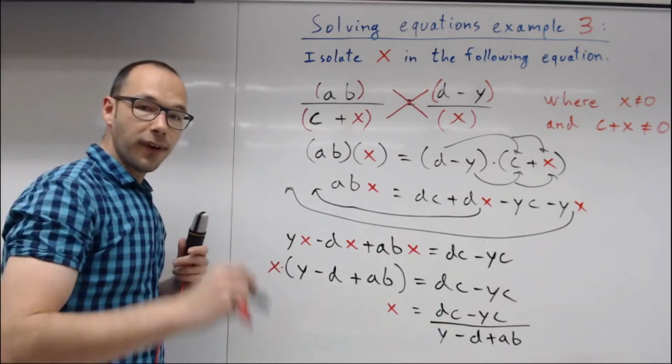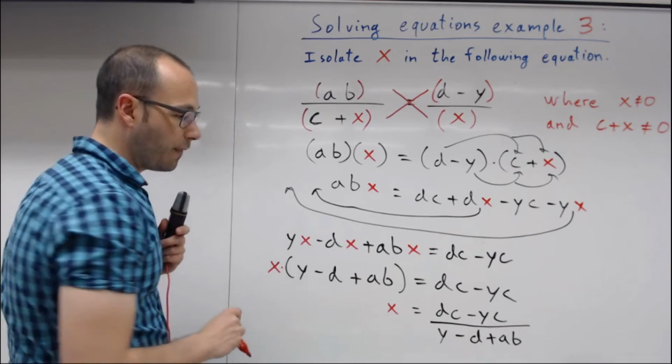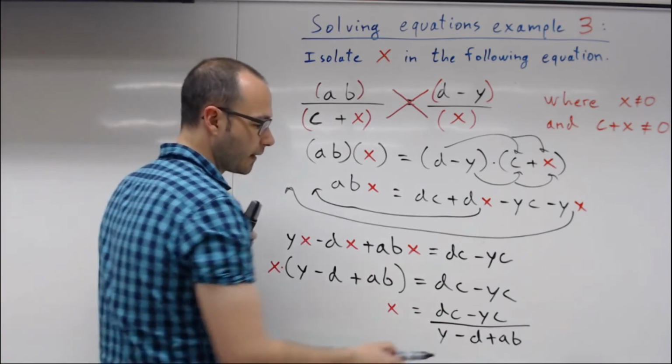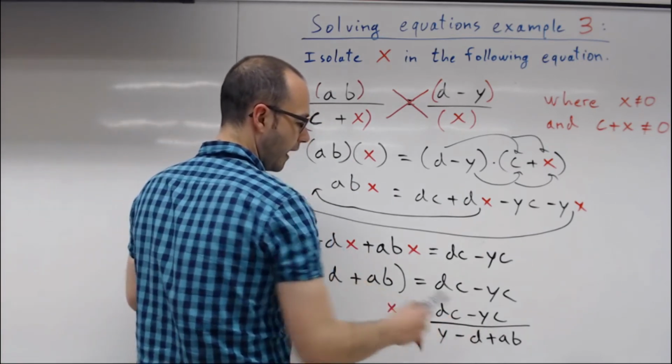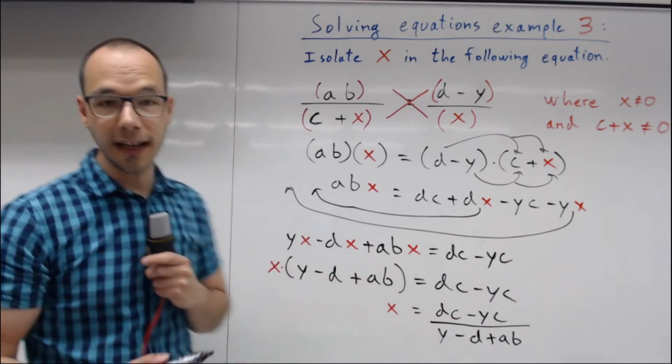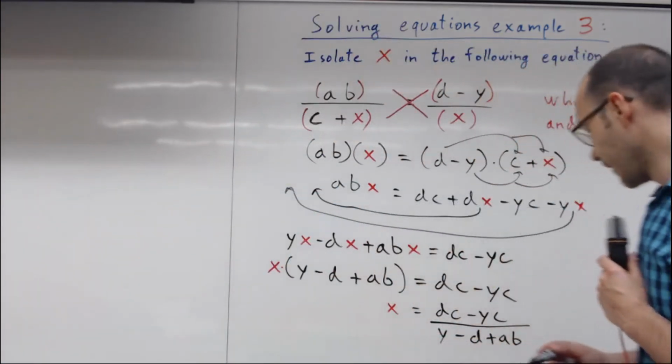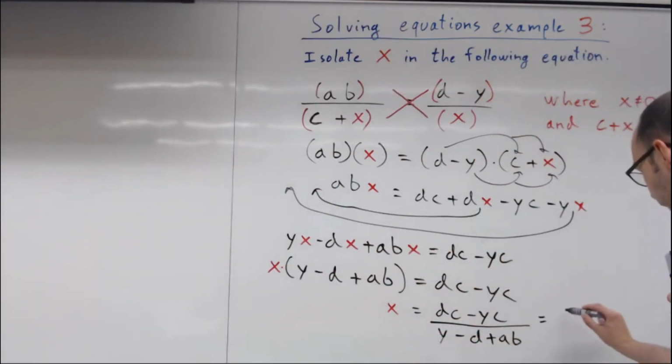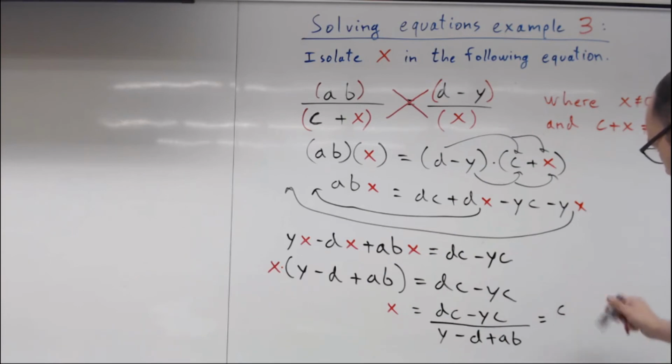If I want to be even more polite with my final answer, I see that both of those terms have C as a common factor. I can even factor out my C. So what's going to be left when I factor out the C at the numerator?